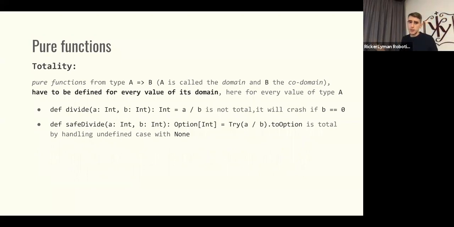Totality basically means that the function has to be defined for every input value of the so-called domain. So here is some mathematical terminology. Basically, the function is something which translates domain A into domain B, the so-called codomain. So this is the totality.